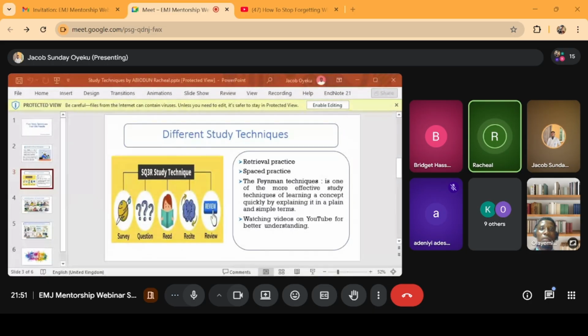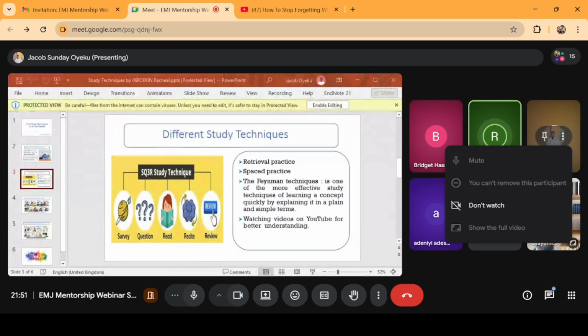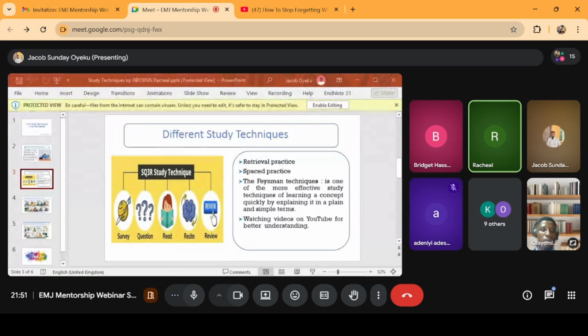So this skimming is just you going through the slides, then you take note of the headings. The first heading was the definition, then the second is different study techniques. You go through the headings and check the pictures that are involved. It's just to get yourself engaged, giving yourself a clue of what is about to happen.